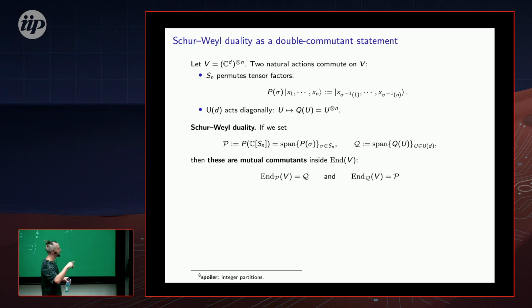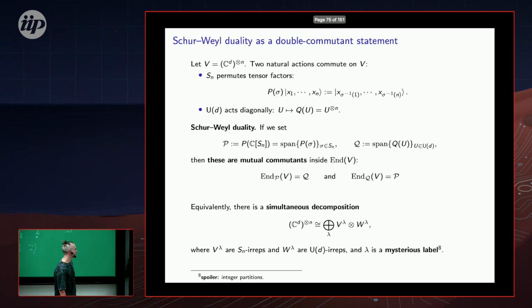Let P be the algebra in the image of the group algebra of Sn, and Q be the algebra in the image of the group algebra of the unitary group. The claim is that these things are mutual commutants. Permuting stuff commutes with acting locally, and acting locally commutes with permuting stuff. And not only that, everything that commutes with permuting stuff is a local action, or is a linear combination of local actions.